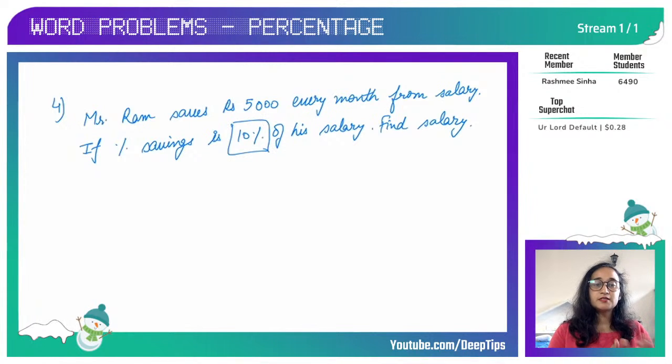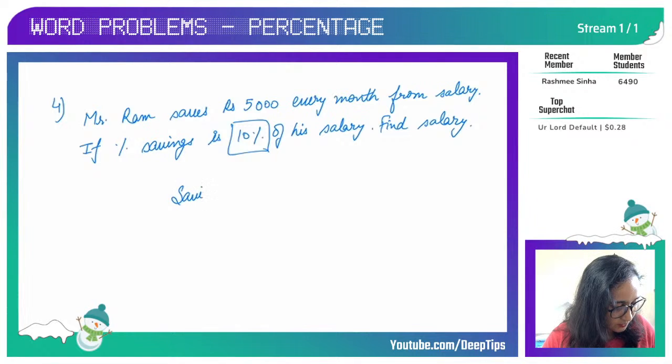So this question is entirely different from what we have done so far. In the first 3 questions we found the percentage, correct? Now in this 4th question, percentage is given, you have to find the number. Okay, so here 10% is his saving.